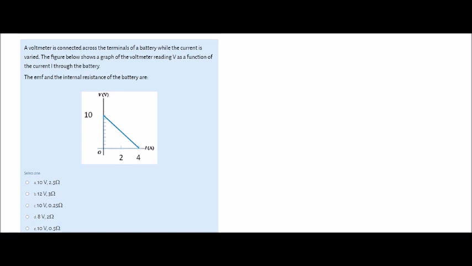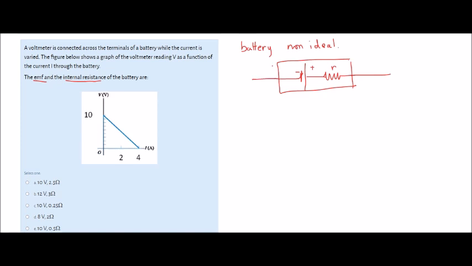The EMF and internal resistance of the battery are, okay, so what do EMF and internal resistance mean? The battery is non-ideal because it has internal resistance. How do we draw a battery? That's negative, positive, but there is an internal resistance R. That's the battery, the negative pole and the positive terminal. And we have a current flowing in this direction.